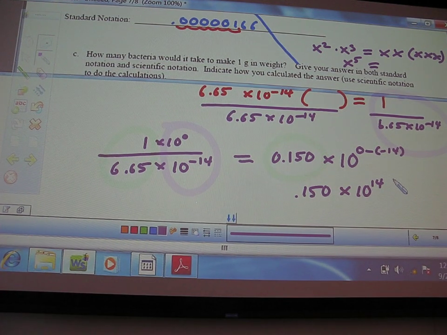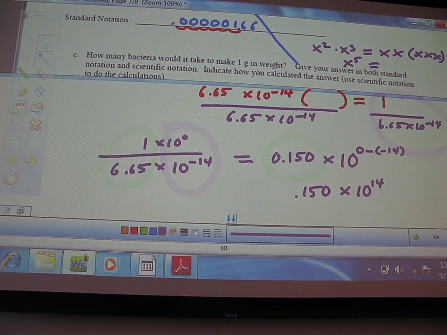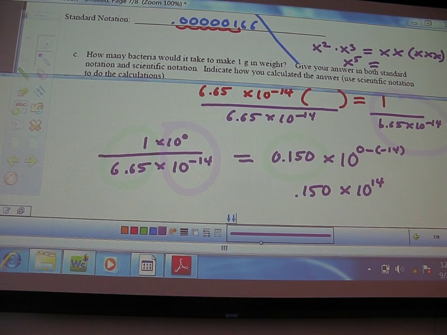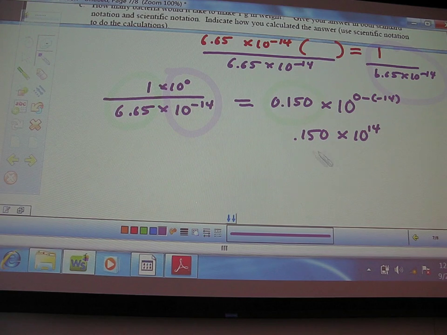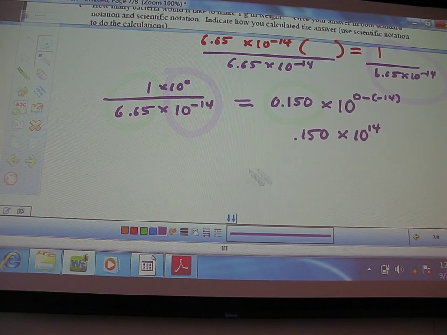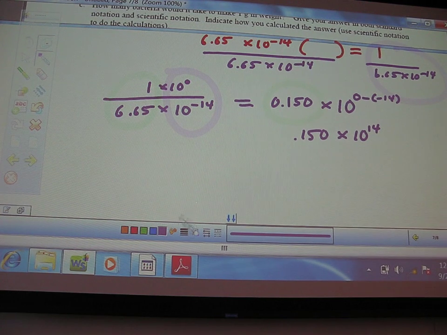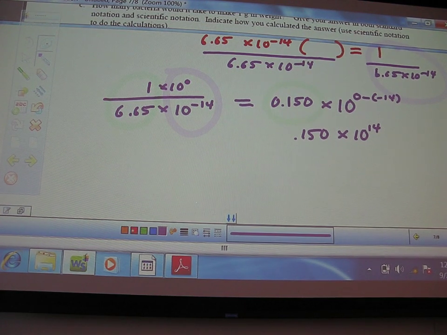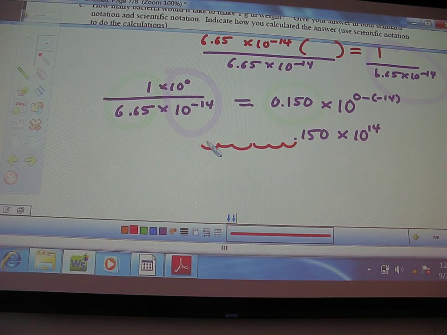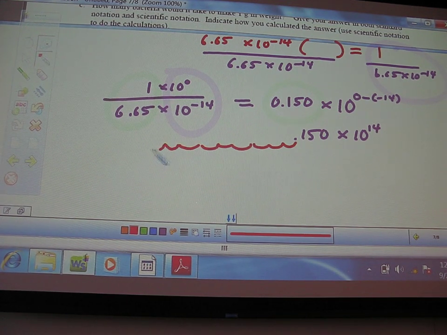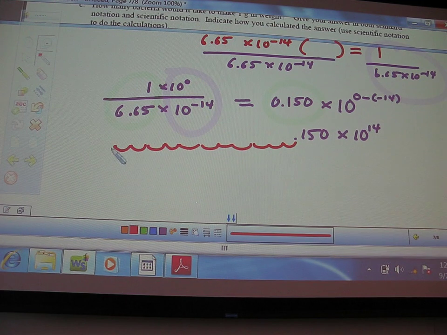So if I were to write this in standard notation, I need to move this decimal place over 14 times. 1, 2, 3, 4, 5, 6, 7, 8, 9, 10, 11, 12, 13, 14. That's where my new decimal place goes.